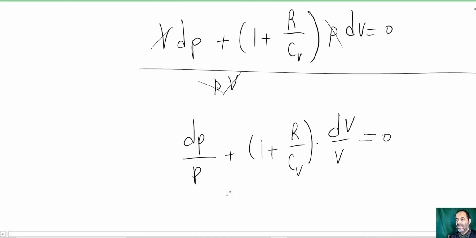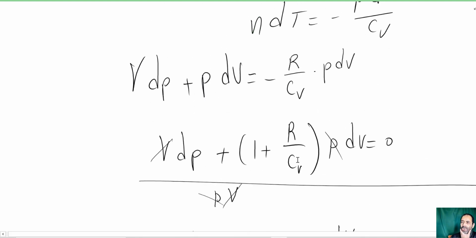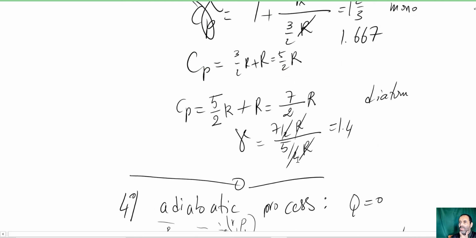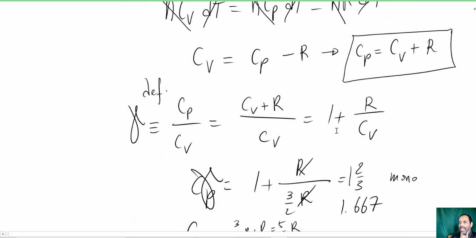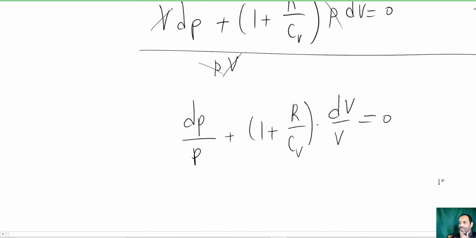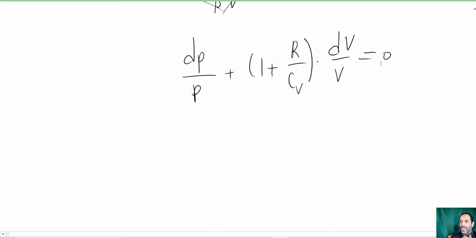Before I continue any further, I know what this term 1 plus R over CV is. It's way up here when we were defining gamma. It's actually gamma itself. So I'm going to write this expression in terms of gamma. What we ended up with is dP over P plus gamma times dV over V is equal to 0.